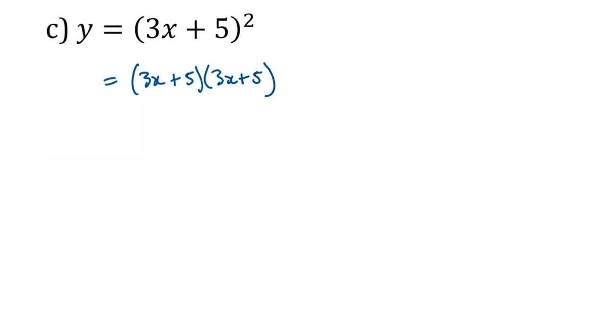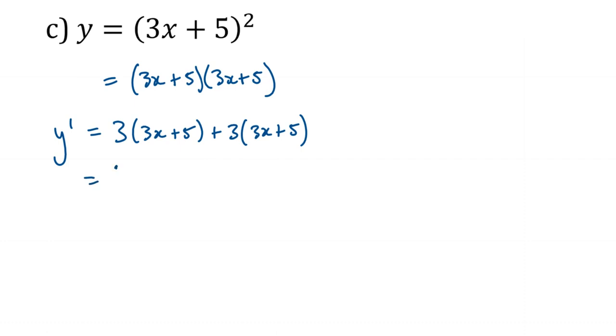So we could do that, right? And then if I was taking the derivative of this, derivative of the first thing is 3 times the second thing. This is what you were saying, right, Nasir? You get the same thing twice, so you just do that. And then plus derivative of the second thing, well, it's 3 again, and then 3x plus 5, which gives you 6 times 3x plus 5, and I could expand that if I wanted to or needed to.